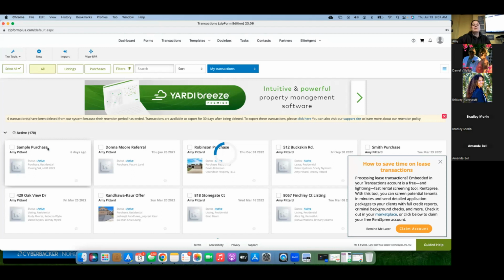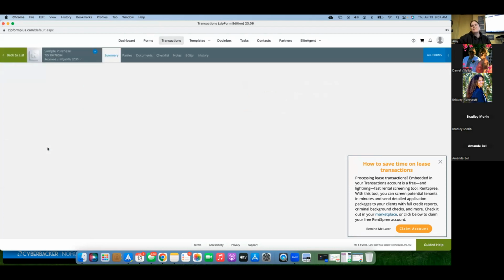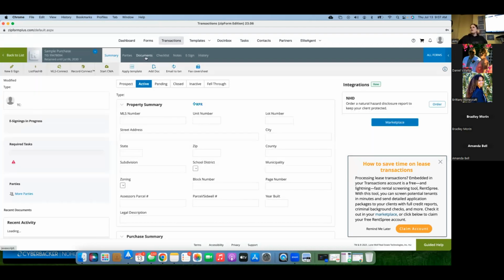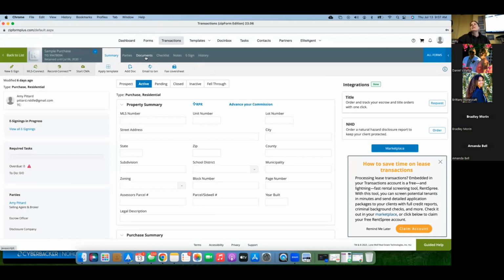What's the first form? The first form is going to be the DID form, which is the demand for increased deposit or something. I don't know what the first D stands for. So why would we receive a demand for increase? If in your contract we all put a good faith deposit, or your initial deposit amount, which is usually about 1%. It can be less or more, just so everybody knows.